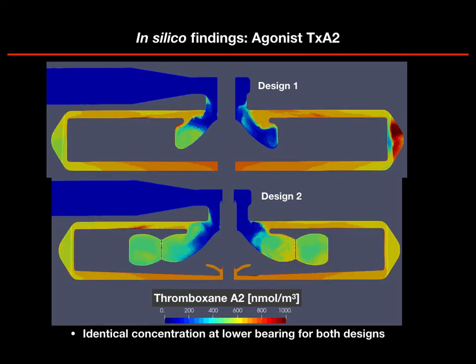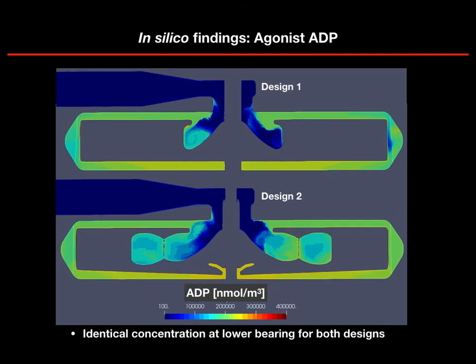When we look at plots of concentration of the platelet agonist TXA2, we also see that there are almost identical concentrations at the lower bearing for both designs. For the platelet agonist ADP, we once more see that at the lower bearing, identical concentrations of this species.